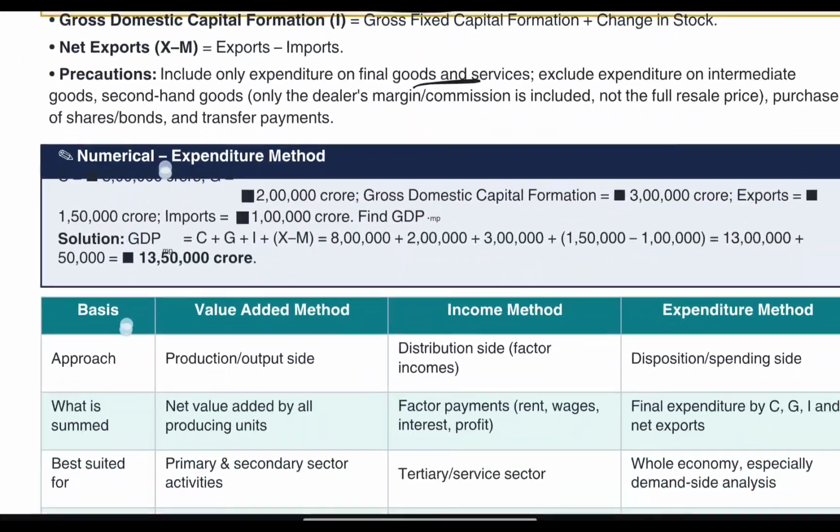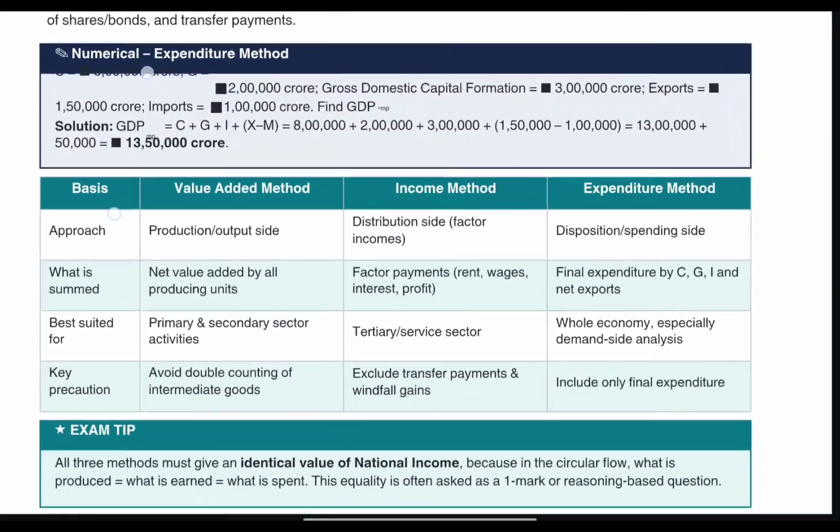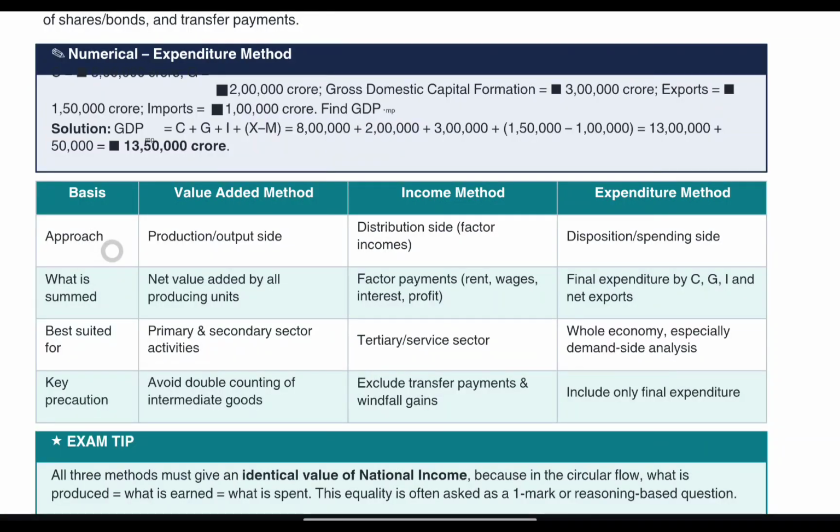So a brief summary about all three methods. First is the approach. The value added method's approach is on the basis of production or output. The income method is based on the distribution side, that is how much factor incomes are earned. And the third, the expenditure method, is based on spending that amount.